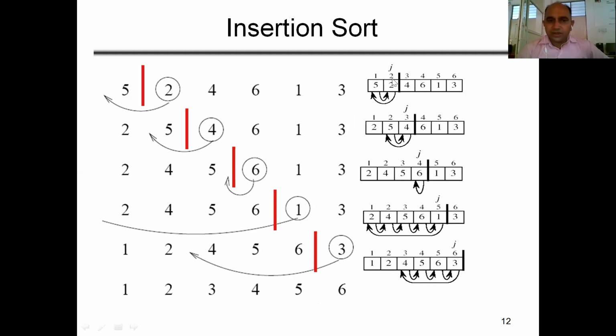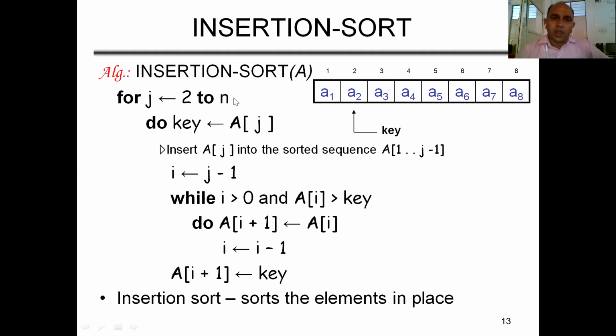So our first loop is starting from 2 to n, because we have to make different values the key values. For example, if j is equal to 2, then the key value will be a2. If j is equal to 3, then the key value will be a3. In a similar way, the key value will go to the last element.